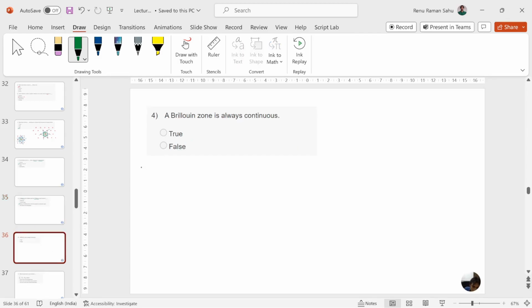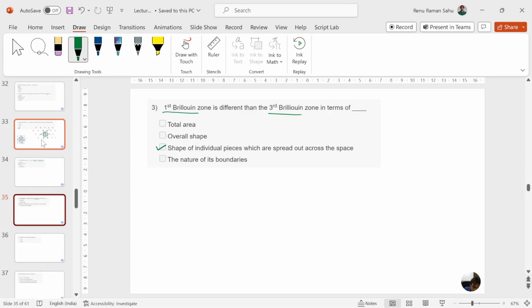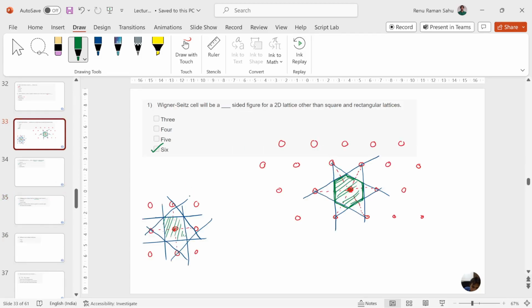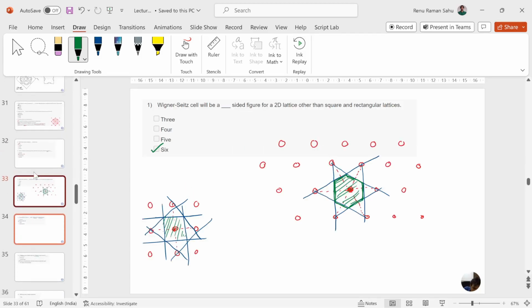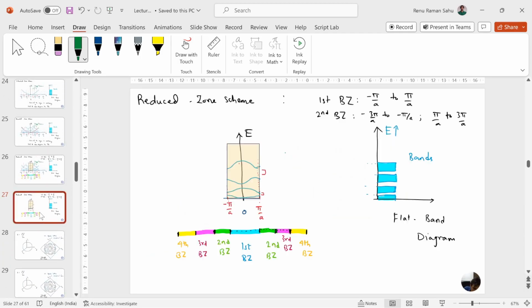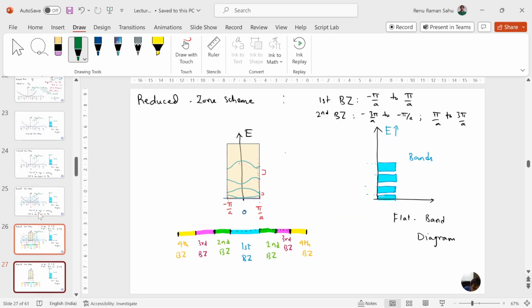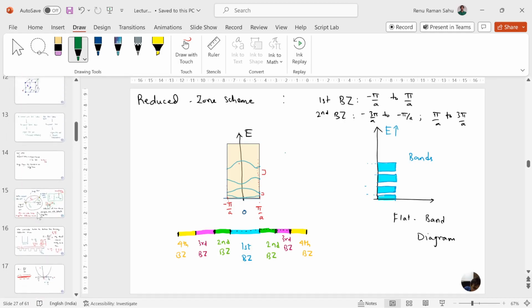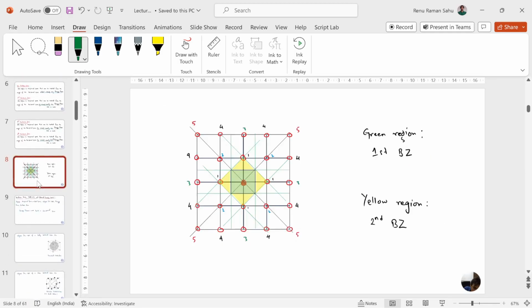If you go to the picture that you made, the image of the first and second Brillouin zone in the class notes, this one, the green one. Here, the green region has basically fragmented into this many pieces.